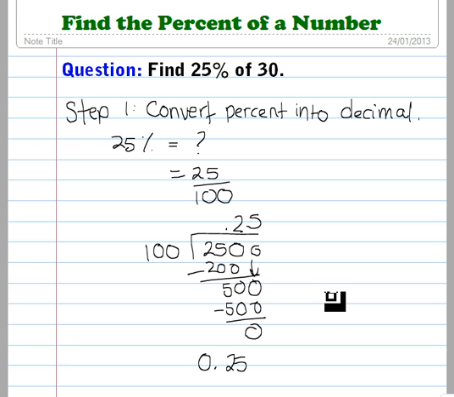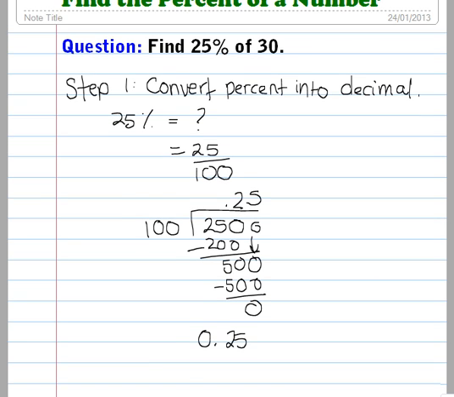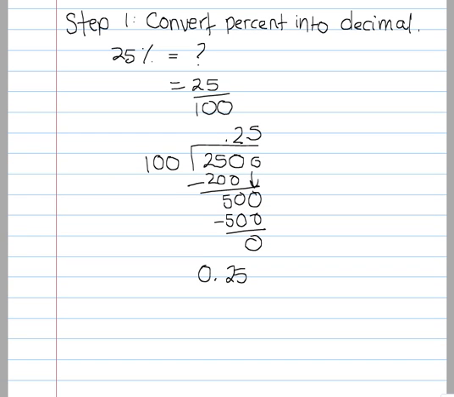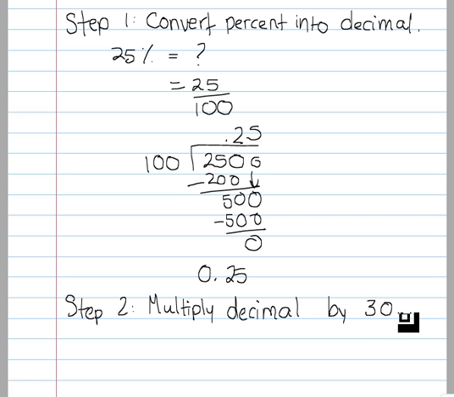Now what is required for us to do next is take that decimal and multiply it by 30. So our value. So step 2, multiply decimal by 30.